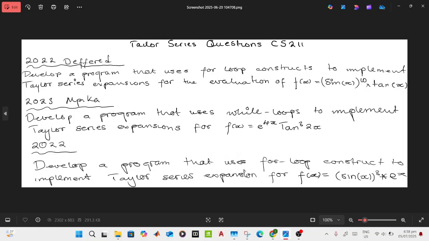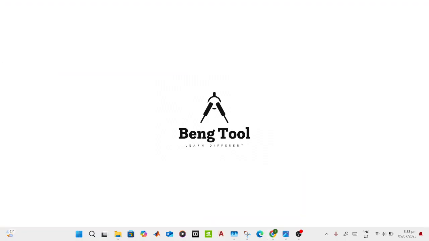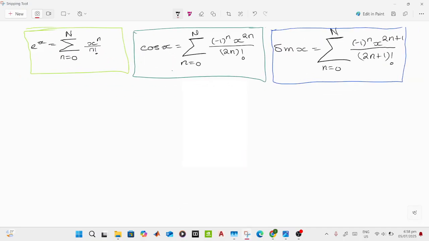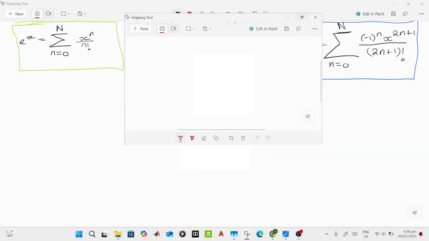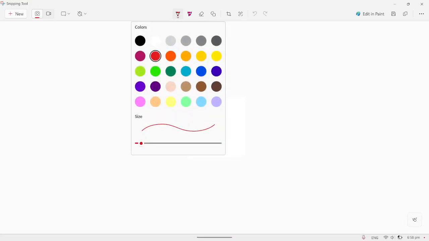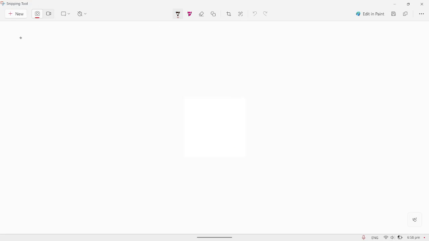Okay, so let's look at our last question, coming from 2022. Develop a program that uses for loop constructs to implement the Taylor series expansion for f of x is equal to sine x to the power 3 times exponential. This is a bit similar to our last question, so we're not going to take that long. The only difference is that this time around, we are using a for loop instead of a while loop.